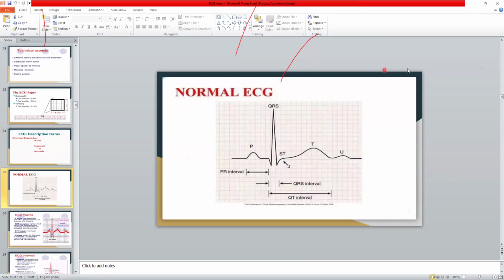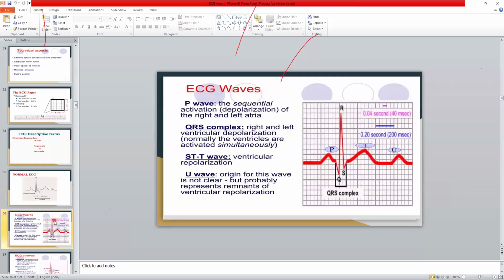This is the normal ECG showing P wave, QRS complex, ST segment, T wave, U wave, QT interval, PR interval and QRS interval. I'm going to explain each wave, interval and segment in detail.